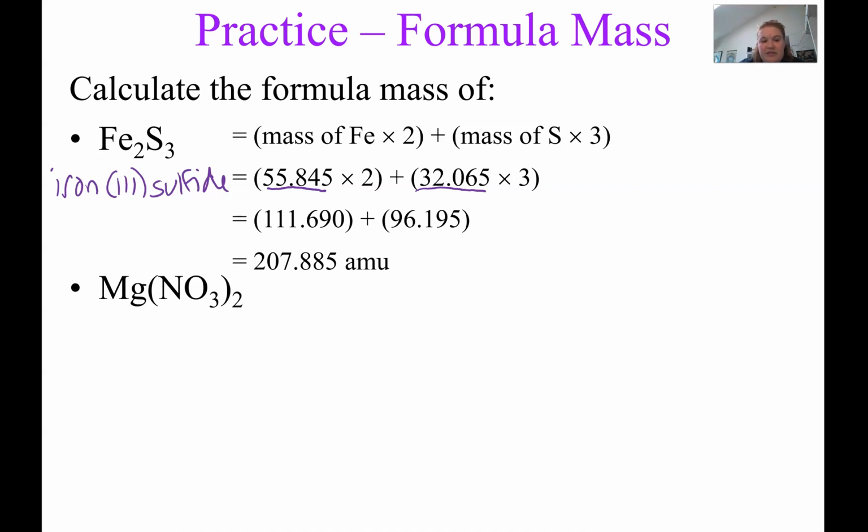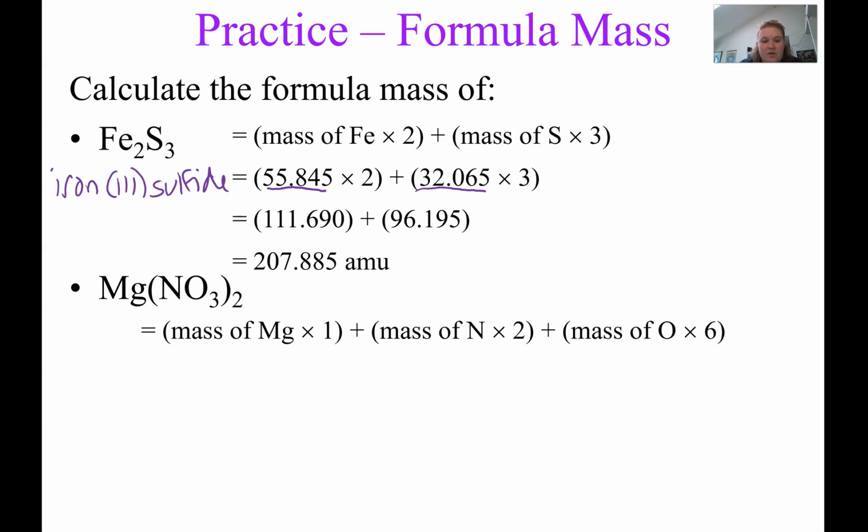So what if we have a polyatomic? We have some parentheses. It doesn't change. So we're going to do the mass of magnesium times 1, plus the mass of nitrogen times 2, plus the mass of oxygen times 6. So remember, this 2 here gets distributed through those parentheses, so we end up with 2 nitrogens and 6 oxygens.